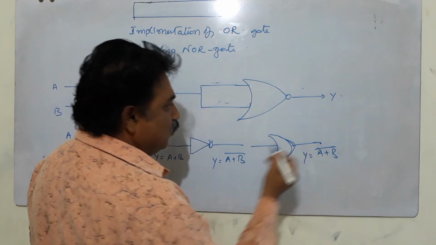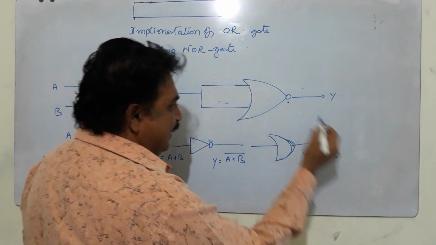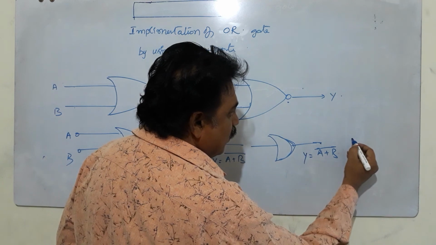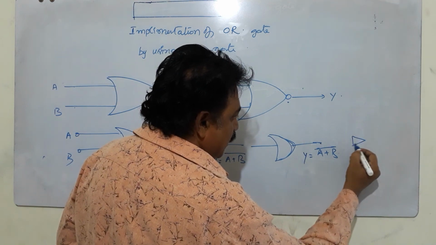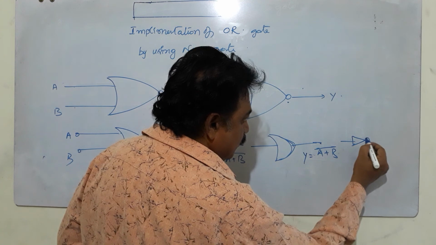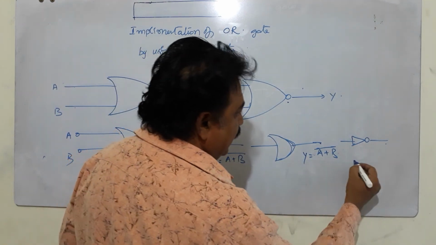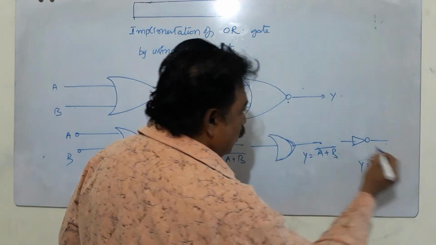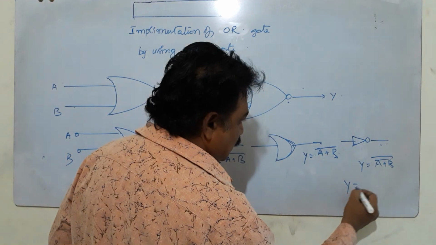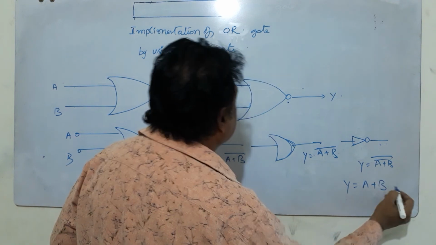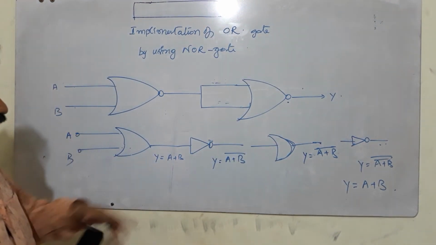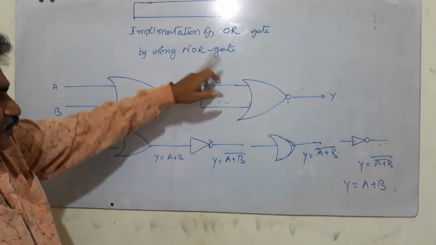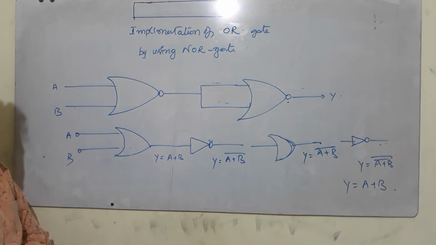A ప్లస్ B హోల్ బార్. దీన్ని మళ్ళా ఇక్కడ నాట్ గేట్లో కూడా పాస్ చేస్తున్నాం. వాట్ ఇస్ దిస్? నాట్ గేట్. అంటే ఈ నాట్ గేట్ దీన్ని ఏమని చేస్తుంది? దీని కాంప్లిమెంటేషన్. అంటే Y ఈజ్ ఈక్వల్ టు A ప్లస్ B హోల్ బార్ ఉంది. Therefore it is equal to A plus B. So in this way you can extract OR gate by using two NOR gates.